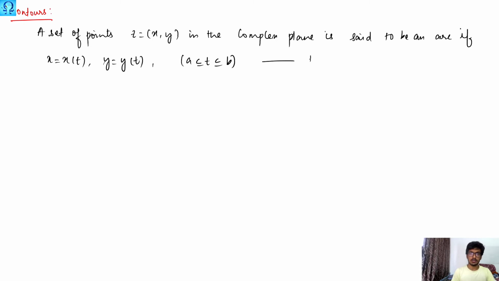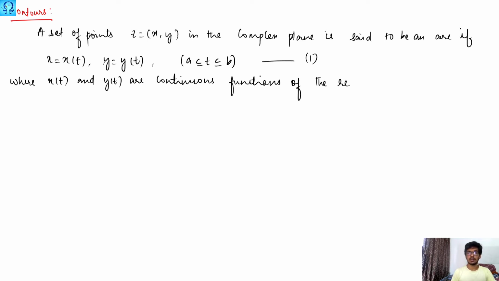We mark this as equation 1, where your coordinates x and y are continuous functions of the real parameter t.